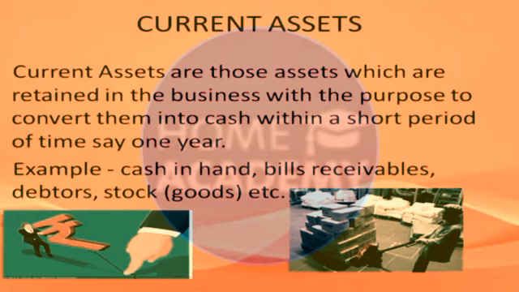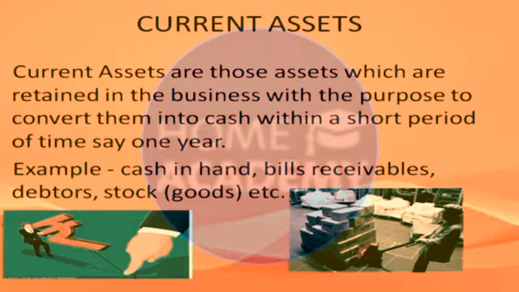Next is current assets. Another important classification of assets is current assets. So, current assets are those assets which are or which can be converted into immediate cash within a short period of time, and this short period of time is generally 1 year.